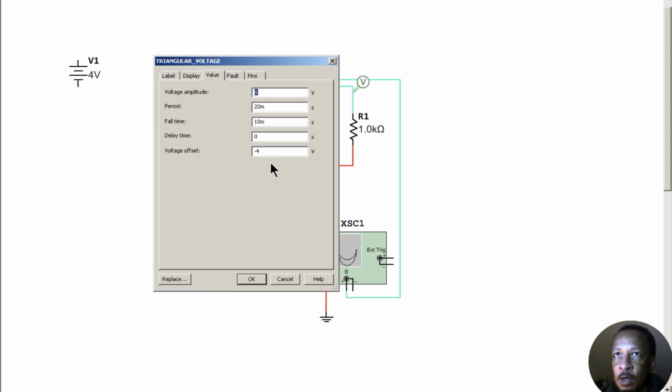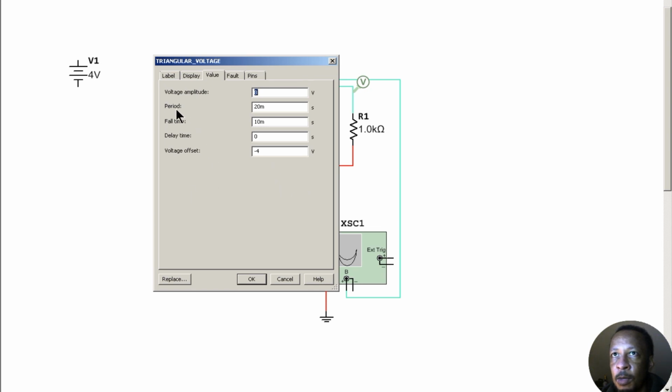That's because it's going to start at -4, and then -4 plus 8 is going to give me a +4. So this voltage amplitude is a peak-to-peak value, and if I offset it by -4, then it'll go up 4 and then come back down 4 with respect to 0.